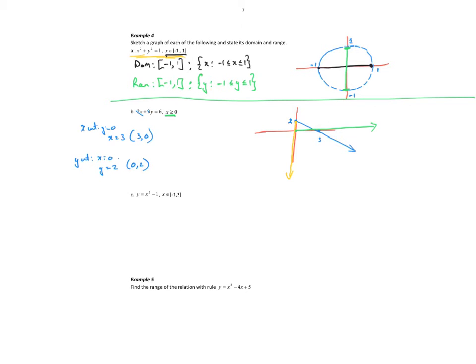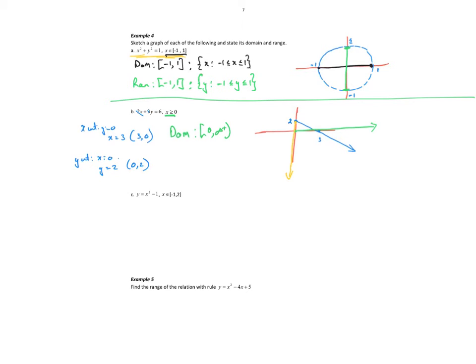It says where the x values are greater than or equal to 0. So I'm just looking at the right-hand side of my graph. I'm only going to sketch the right-hand side of my graph. And if I only sketch the right-hand side, it means my y values are from 2 down to negative infinity. So now the domain, which is the x values, I'm going to use interval notation, which is from 0 to positive infinity.